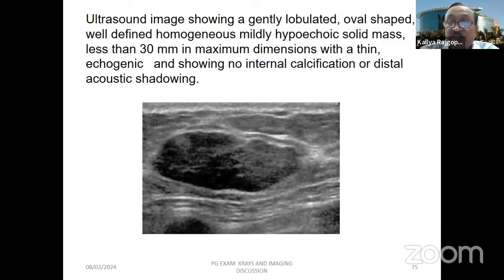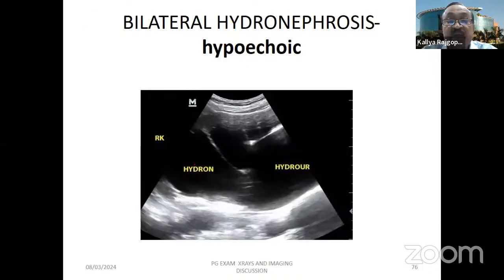It is actually a fibroadenoma of the breast. As I mentioned to you, breast and thyroid probes range from 5 to 10 megahertz. It is extensively used as an investigation in younger patients with dense breasts, 20 to 40 years of age. So ultrasound is one of the important investigations of choice where you can diagnose many conditions.